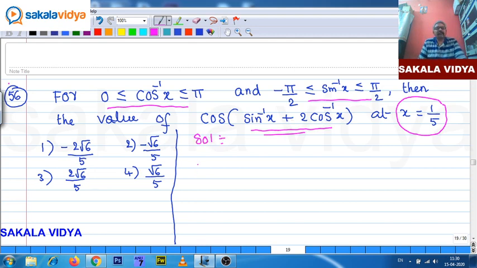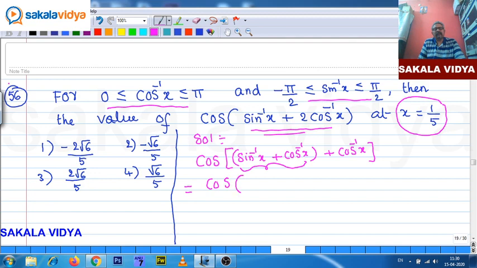So this becomes cos of sine inverse x plus cos inverse x, plus cos inverse x. Sine inverse x plus cos inverse x is pi by 2. That is cos of pi by 2 plus cos inverse x.